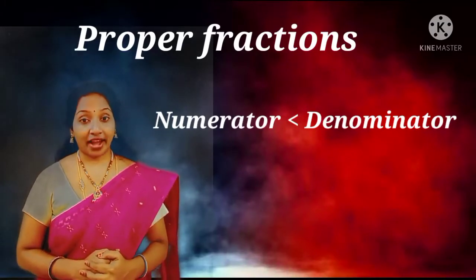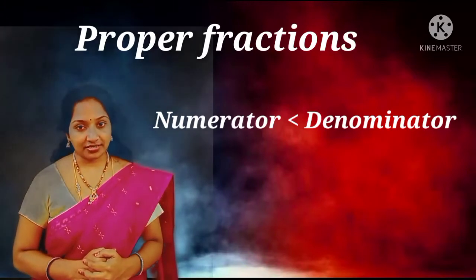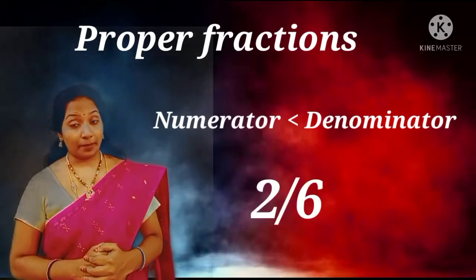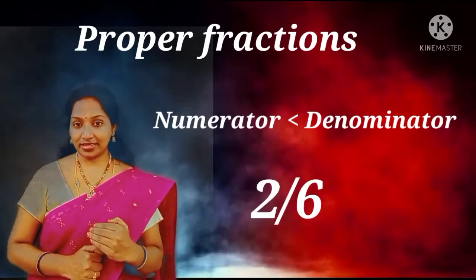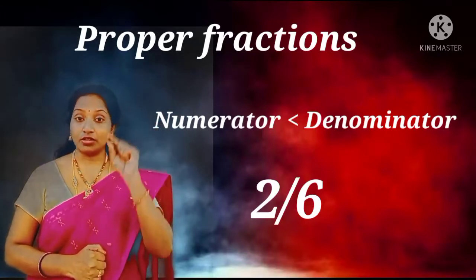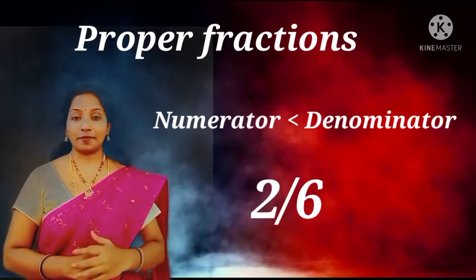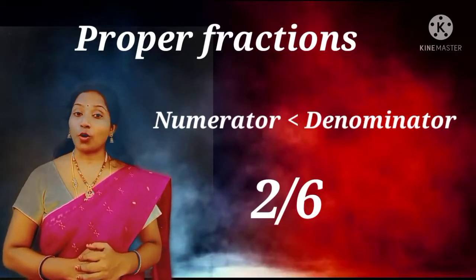For example, 2 by 6. Here 2 is small, 6 is big. So the numerator is small, the denominator is big, so it is a proper fraction.